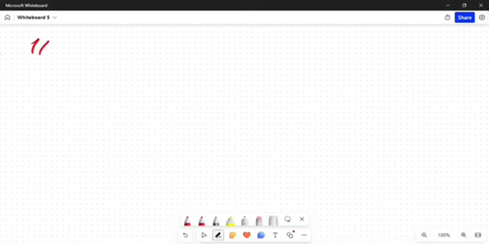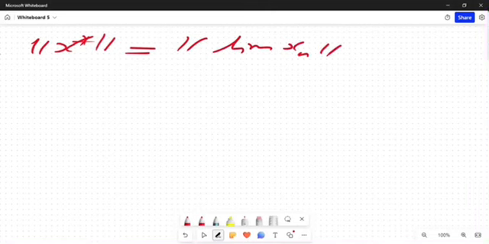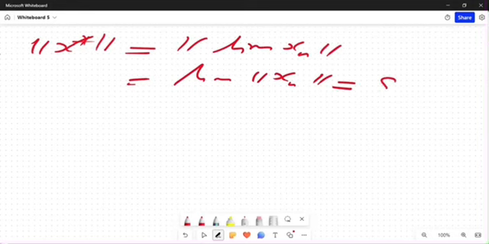What that means is that the norm of x star will be equal to the norm of the limit of xn, because it is the limit of a Cauchy sequence. Of course, the limit can go out of the norm, that's one of the properties. So here you have the limit of the norm of xn, and we already know this norm is delta.